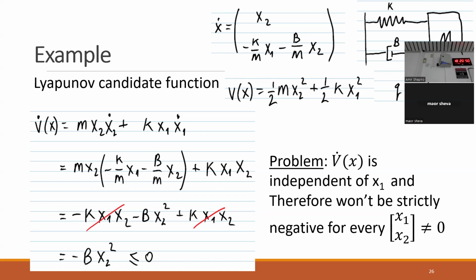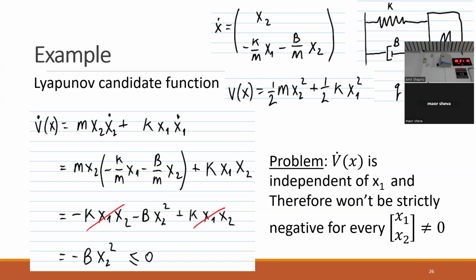So dv over dx1 is k x1 times x1 dot, plus m x2 times x2 dot.